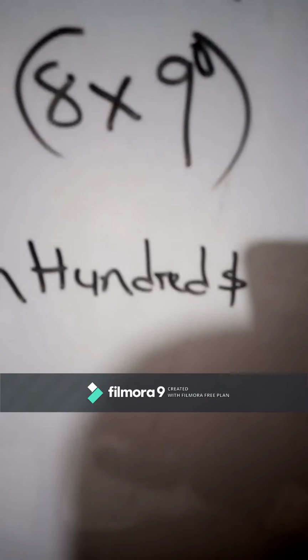You are going to get what? 4 is 700 and okay, are you seeing that? 700 and 9 times 9 is 81 times another 9 is what? 729.